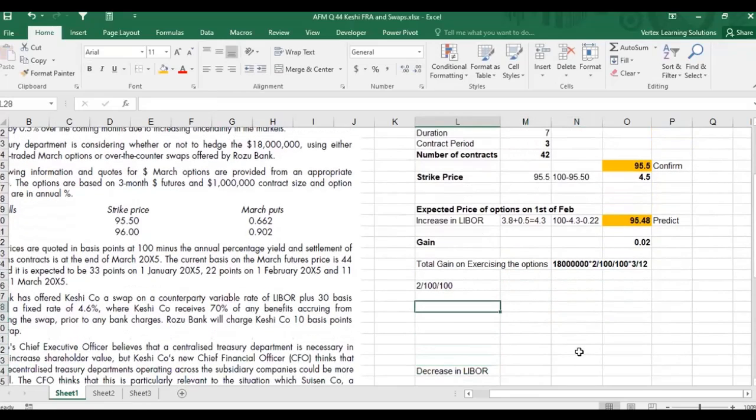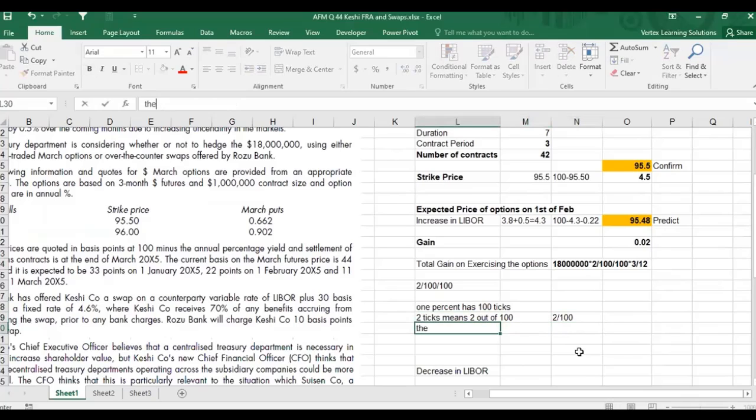See here. 1% has 100 ticks, okay? 1% has 100 ticks. 2 ticks means 2 out of 100, which means 2 divided by 100.